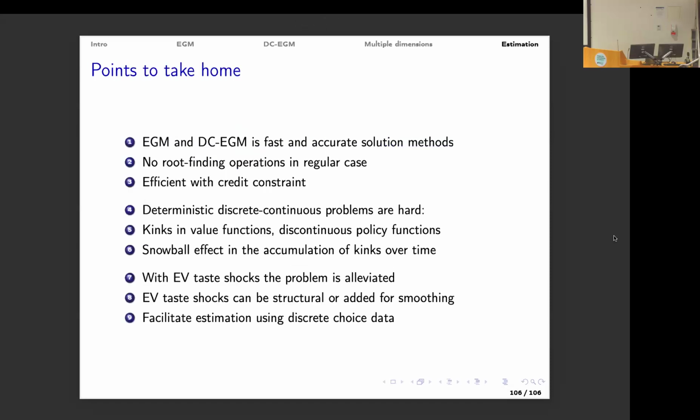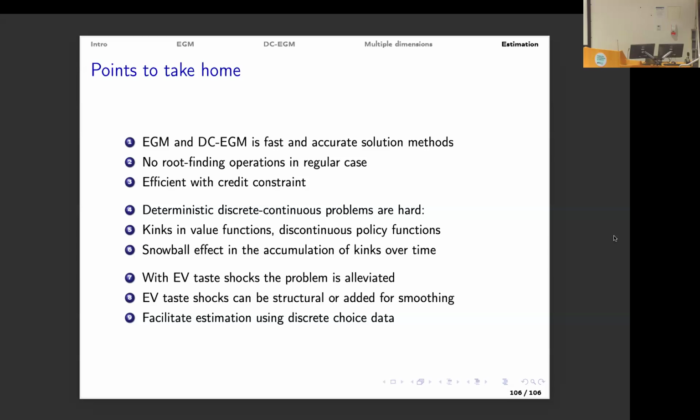All right. EGM, DCEGM: fast and accurate. No root finding, that's the reason. Deterministic discrete-continuous problems are hard all the time, no matter how you approach them, but interesting. Kinks in the value function, discontinuous policy function, snowball effects in the accumulation of kinks and discontinuities. Extreme value or shocks with other continuous distributions will help.